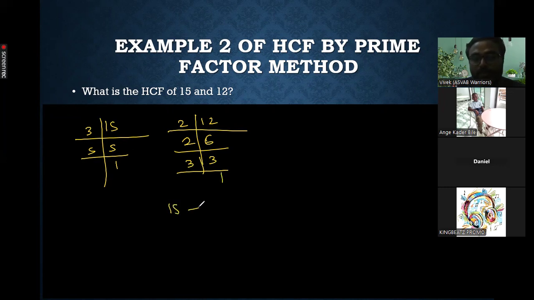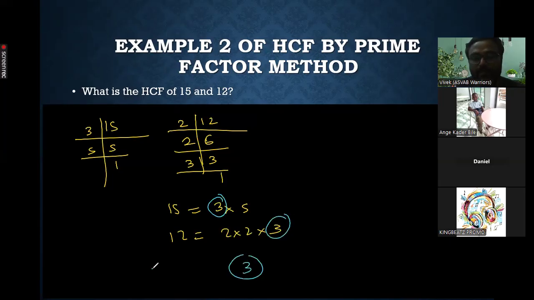So 15 is equal to 3 times 5 times 1, or else you can just keep it as 3 times 5. And 12 is equal to 2 times 2 times 3. For the highest common factor, I'm going to find what is common. Only 3. So the highest common factor is 3.